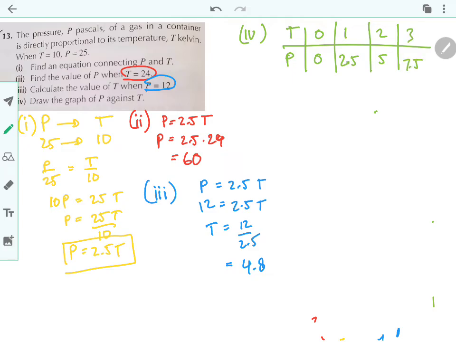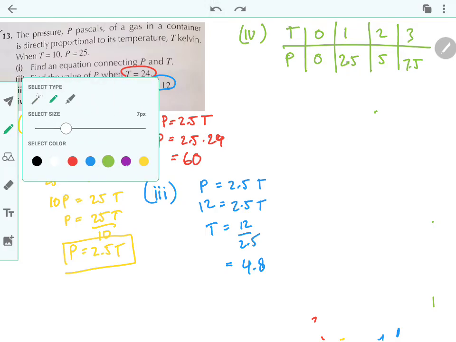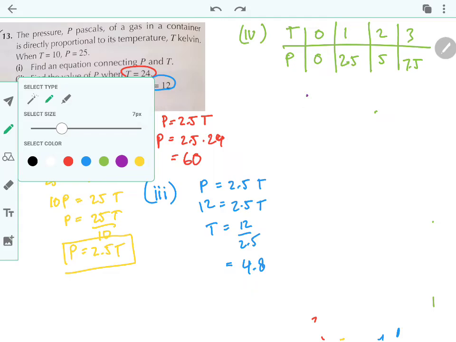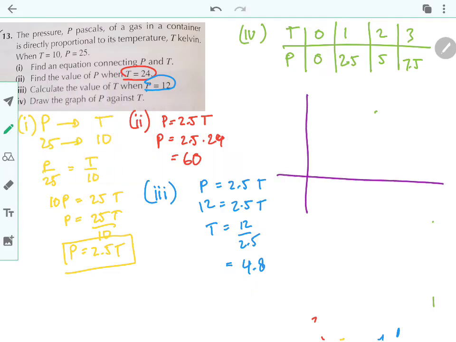Okay, I'm using another color for that. Just use purple. Because it's p against t, p must be on the vertical axis and t on the horizontal axis. So that's 1, 2, 3.